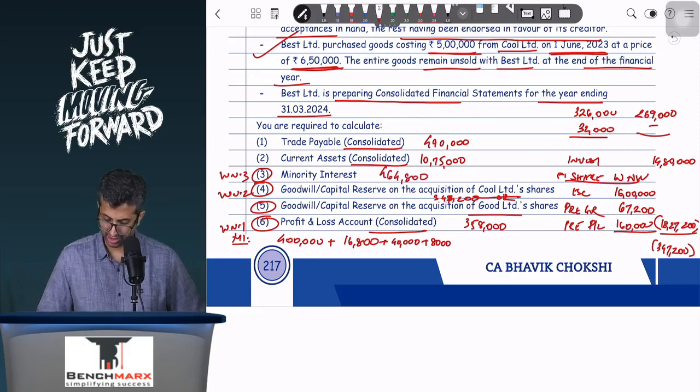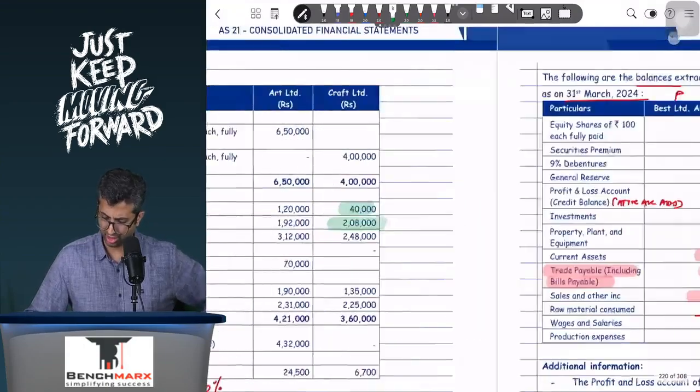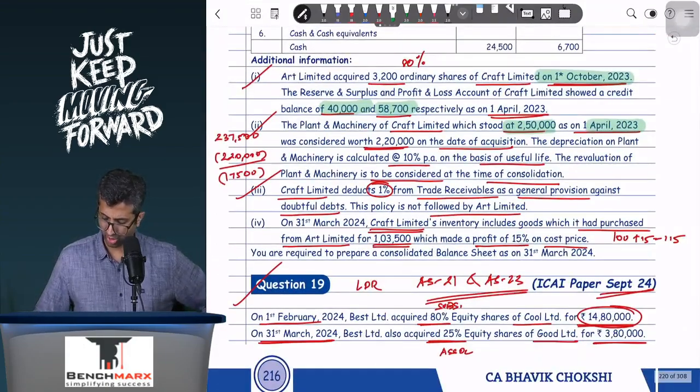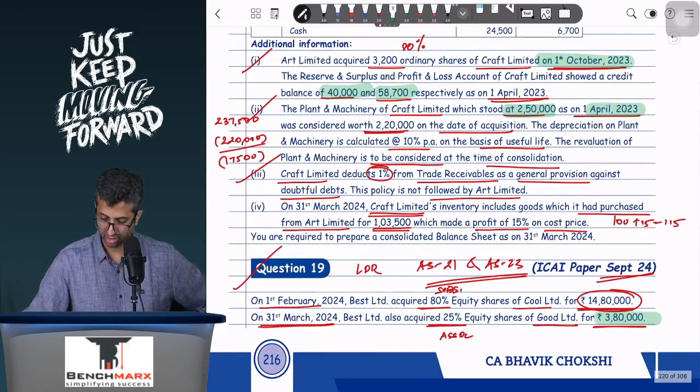Okay, next the only thing which is remaining is your goodwill or capital reserve on acquisition of Goods shares. So Goods shares were acquired for 3,80,000. My share in the net worth as on the acquisition date is 10 lakhs plus 0 plus 1,20,000 plus 50,000. So this is 11,70,000 into 25%. This is 292,500.